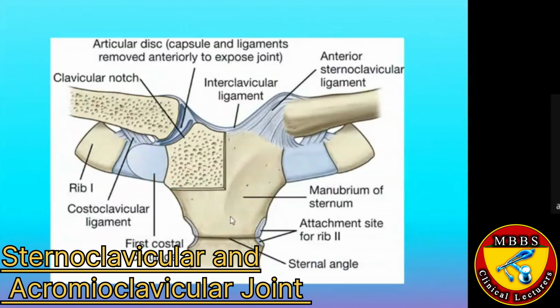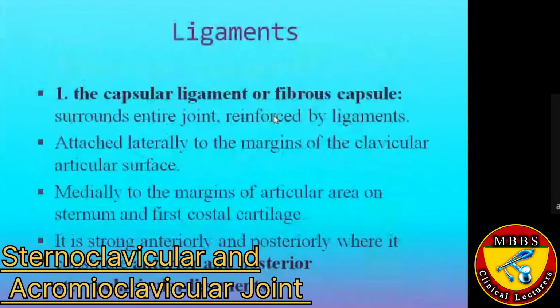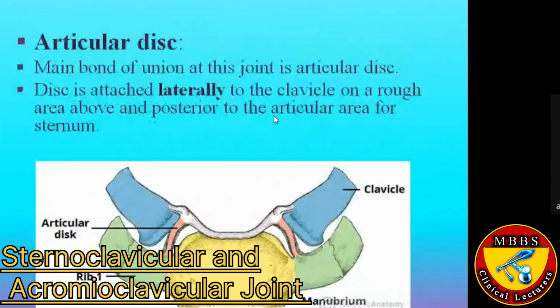Now, if you see, this is the articular disc, which is dividing the joint into two compartments and is covered by a capsule. This is reinforced on the anterior and posterior side by the anterior and posterior ligaments of the sternoclavicular joint.